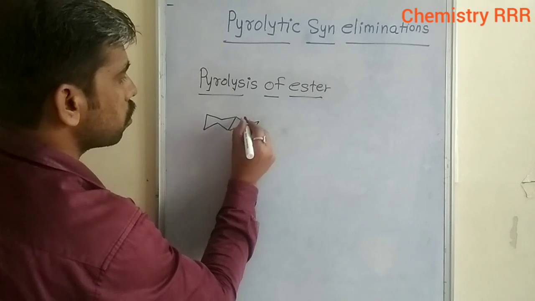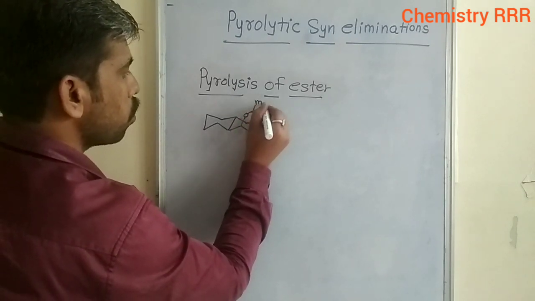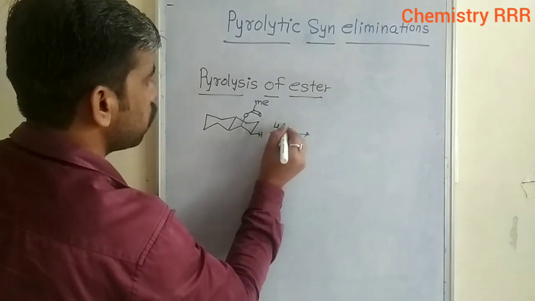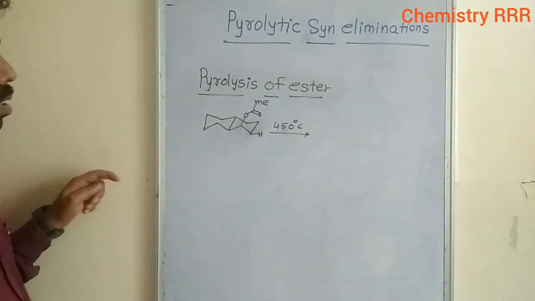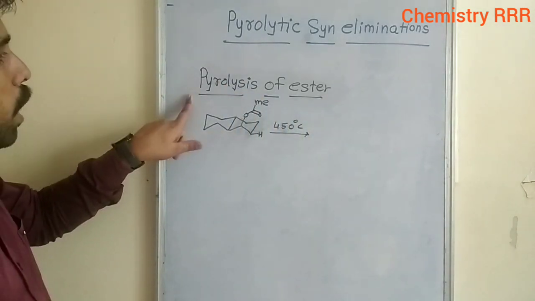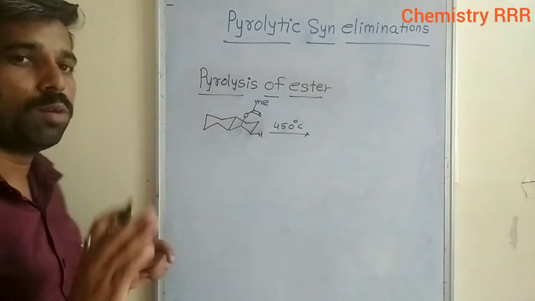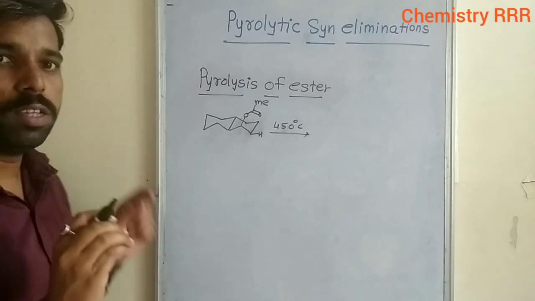C double bond O, OMe, hydrogen, and 450-degree temperature. Now in the pyrolysis of the ester, or syn pyrolytic elimination of the esters, you know the conditions for the pyrolysis reaction.